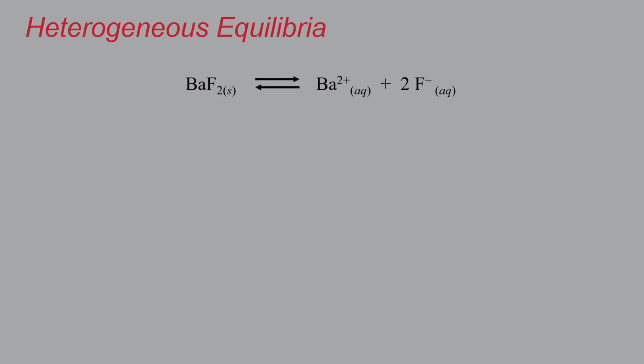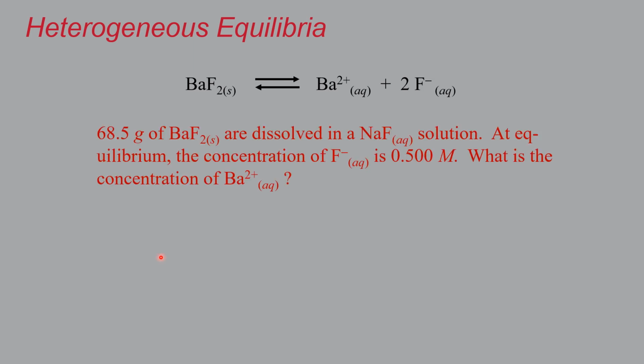All right, and here is the next example. We're still talking about the barium fluoride solubility equilibrium, and now a slightly different setup. Except now, instead of putting barium fluoride into pure water, it's in an NaF solution.